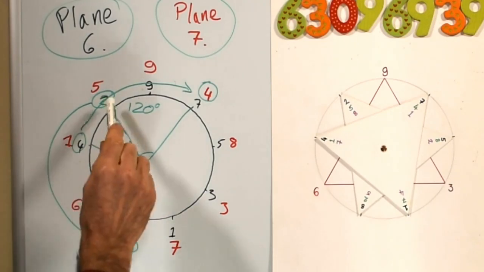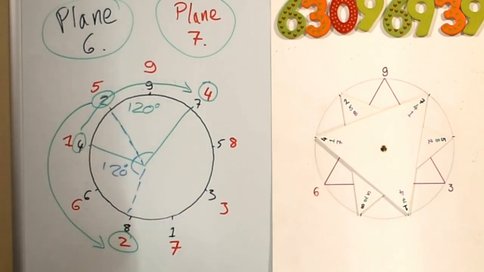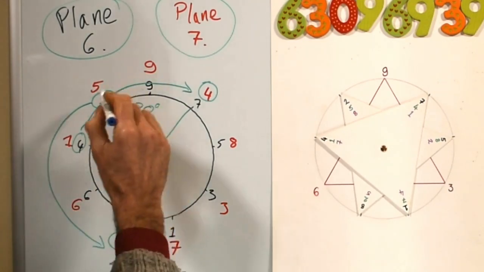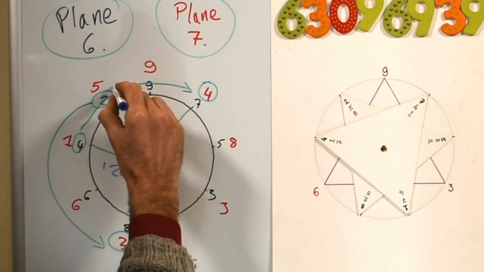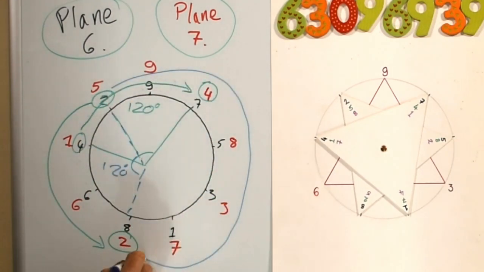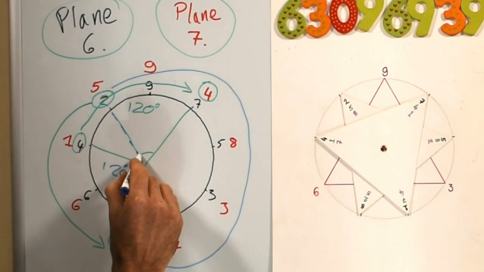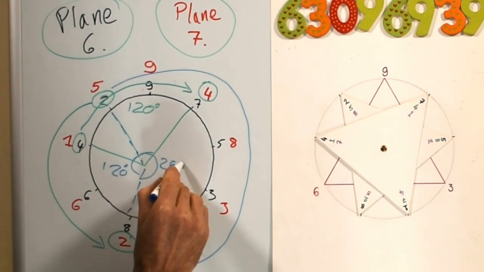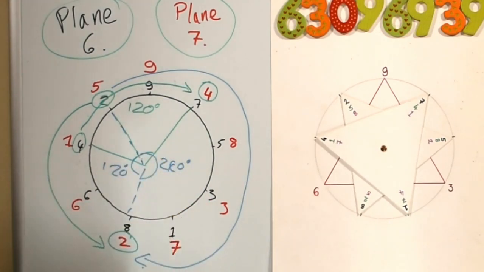Now, we could say they both turn clockwise, which would mean that the 4 would go from here to there, and the 2 would have to go all the way around to there, which is still 240 degrees. Obviously the 120 degrees, route number 3, 240, route number 6. So, this also seems like a good response.